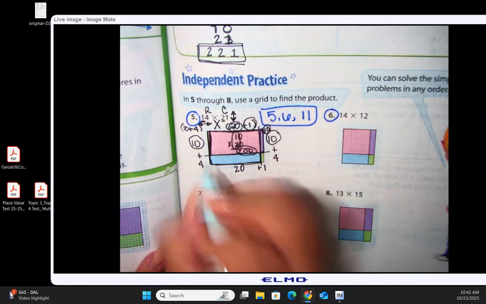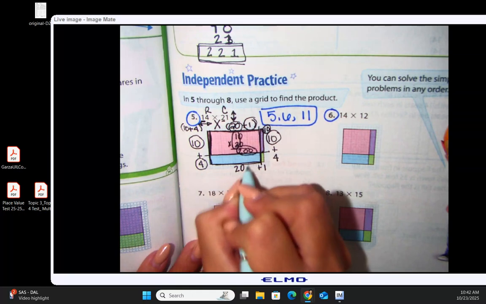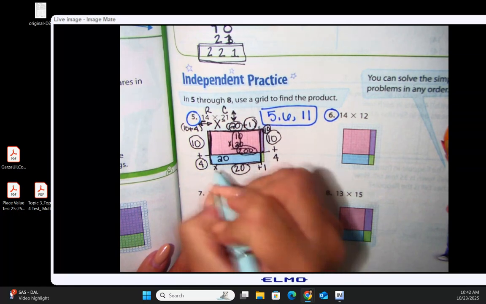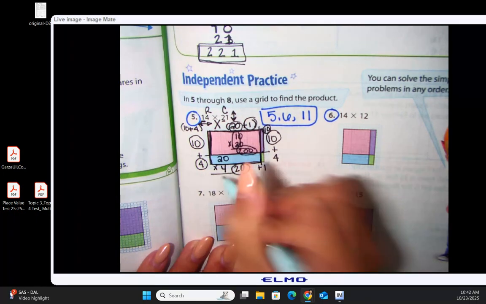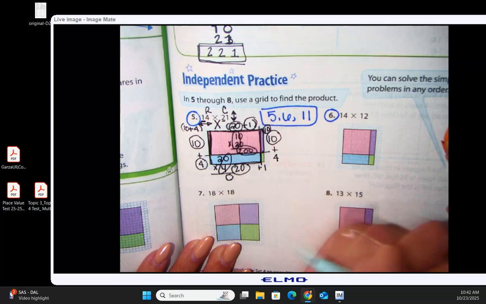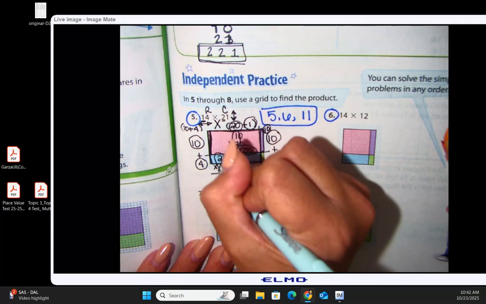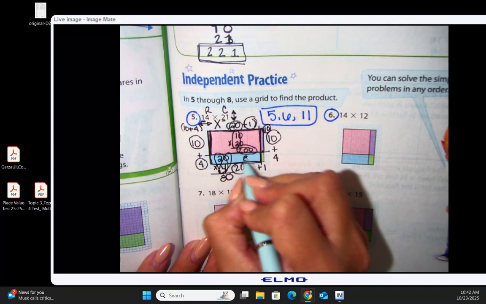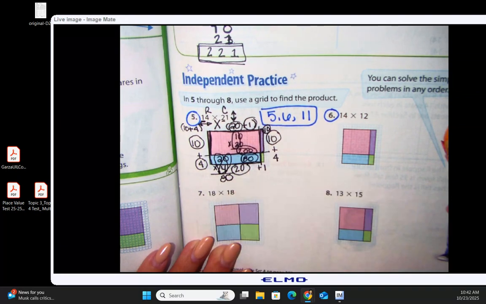I'm going to multiply 4 times 20. So 20 times 4. 4 times 0 is 0. 4 times 2 is 8. So the area of this shape right here is 80.